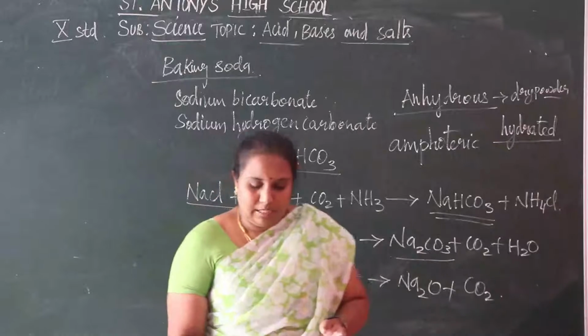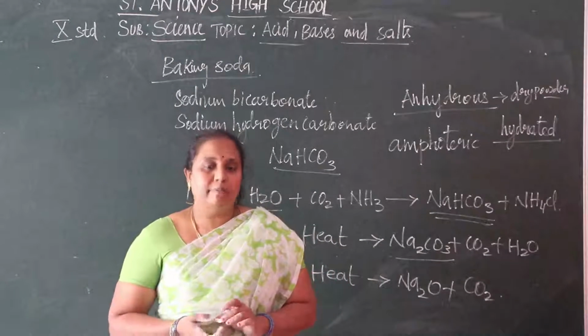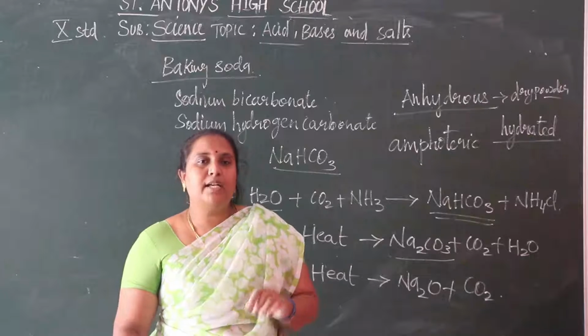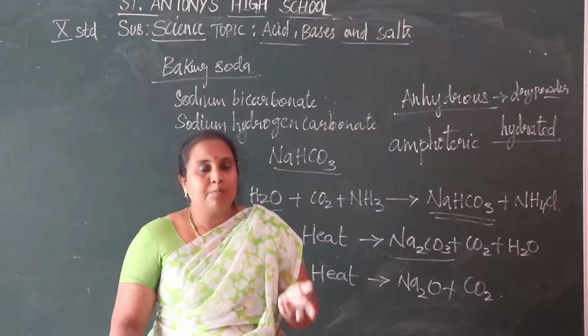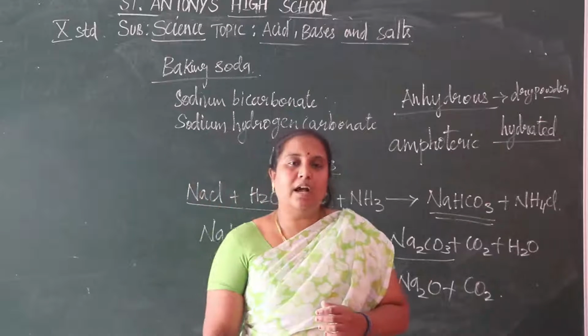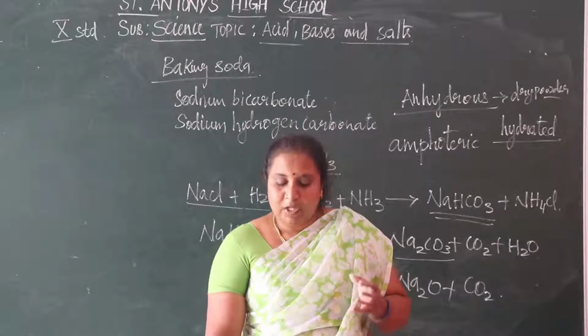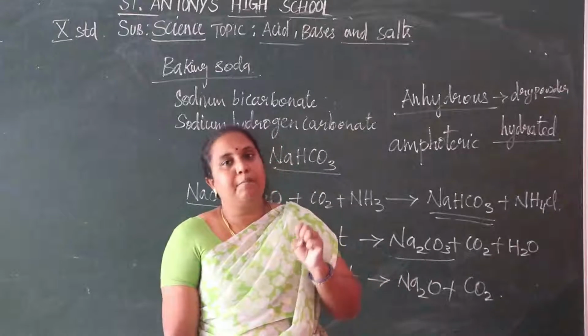Now let us move on to the uses of baking soda. Where are we using baking soda? Baking soda is used in making baked products in bakeries. It produces carbon dioxide, which makes the batter soft and fluffy.